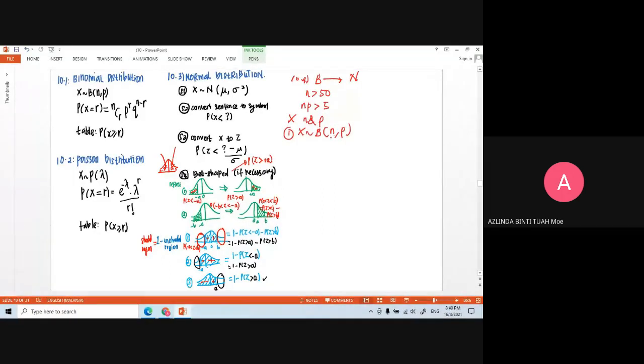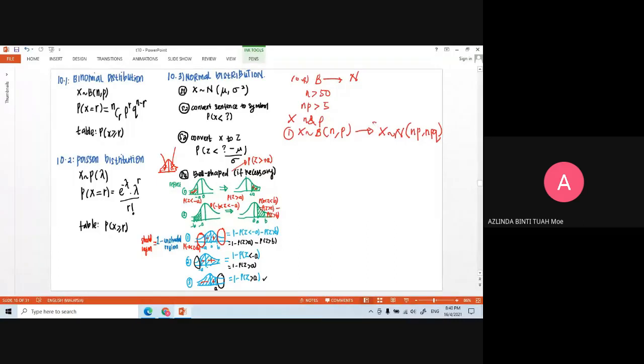Since we have a problem of getting the probability when n is greater than 50 from the table, we have to convert to normal distribution. With the same event x, now we have normal. The mean is n times p. The variance is npq. So we are solving the problem by using normal distribution, meaning that we are going to follow all the 4 steps that we did in normal distribution.